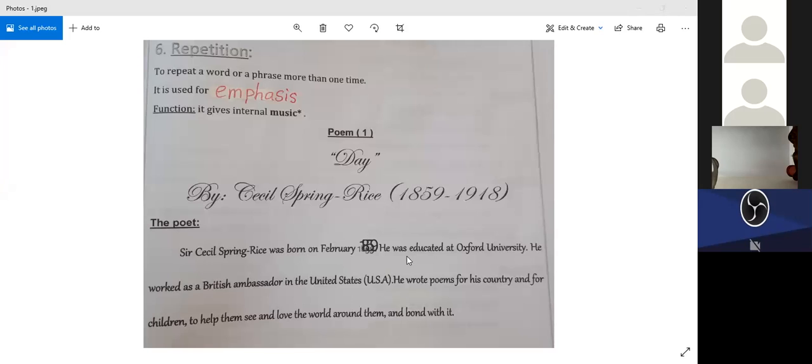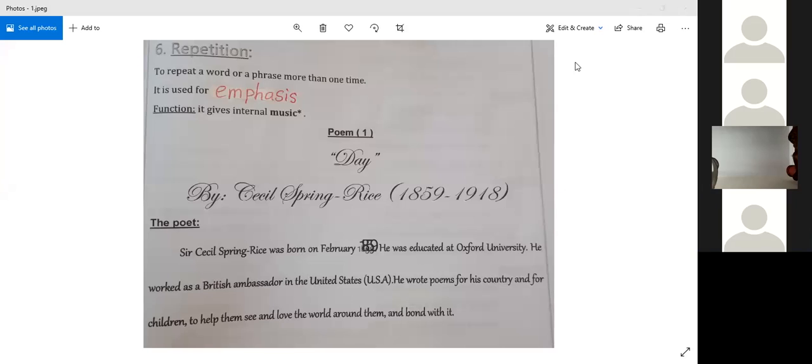Okay, of course, guys, he was educated at Oxford University. He worked as a British ambassador in the United States. He wrote poems for his country and for children to help them see and love the world around them, and of course bond with it. I mean, to have good relations with the whole world around them.